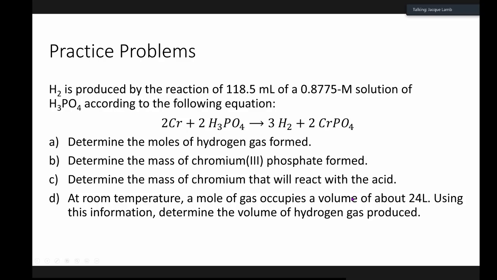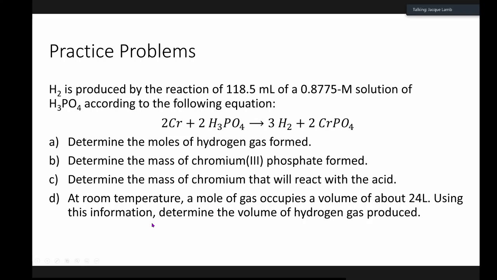Here's another practice problem. Hydrogen is produced by the reaction of 118.5 milliliters of a 0.8775 molar solution of phosphoric acid, according to the following equation. It's clearly balanced. I would have to determine the moles of hydrogen gas formed. Then determine the mass of chromium 3 phosphate formed, and the mass of chromium that will react with the acid.